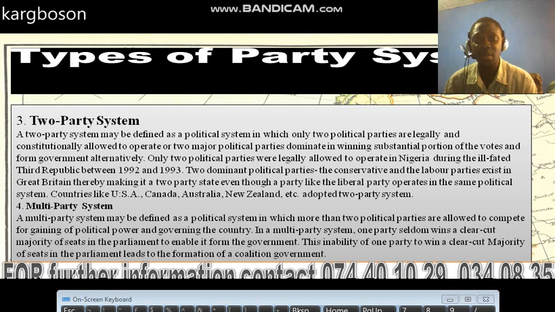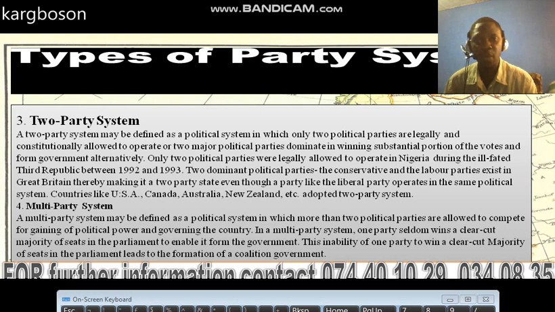A two-party system may be defined as a political system in which only two political parties are legally and constitutionally allowed to operate, or two major political parties dominate in winning a substantial proportion of the votes and form government alternatively.